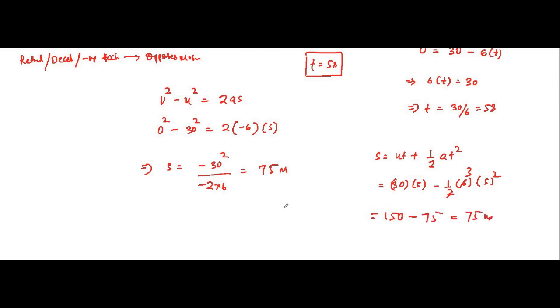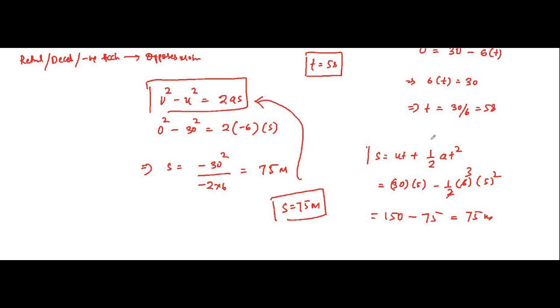Either way we would have got the same result, that is s is equal to 75 meters, whether you use v square minus u square is equal to 2as, or s is equal to ut plus half at square.